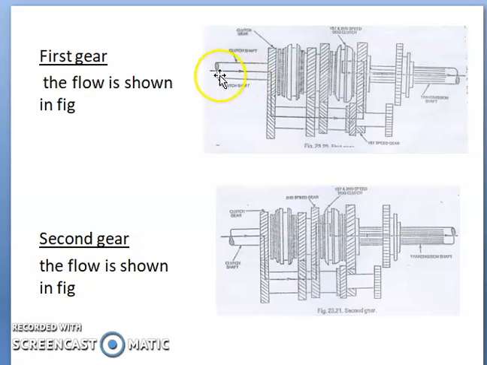The power flows from the clutch gear to the counter shaft through these mated gears, and since this dog clutch is engaged, it is transmitted to the main shaft and the power is carried on further. For the second gear, the same dog clutch is moved towards the right.